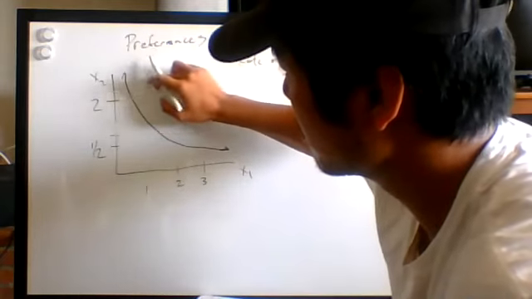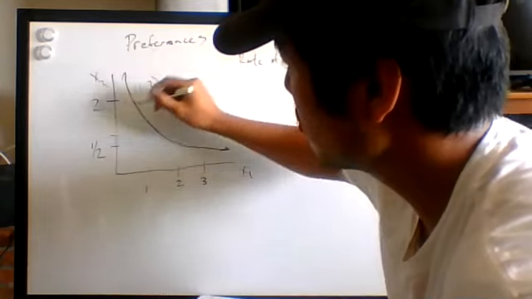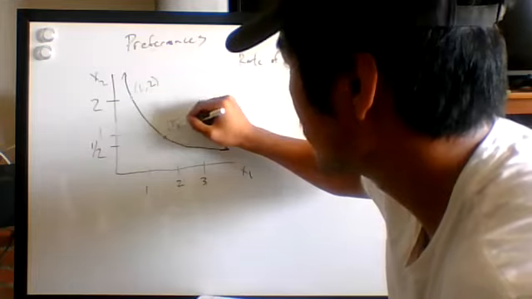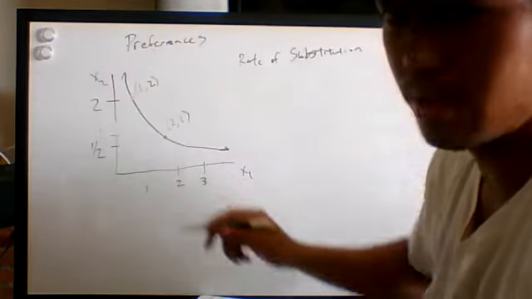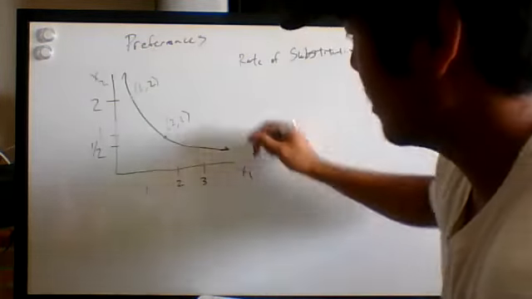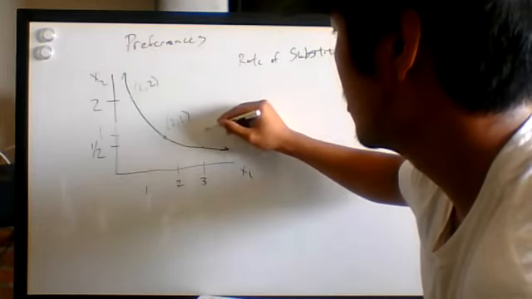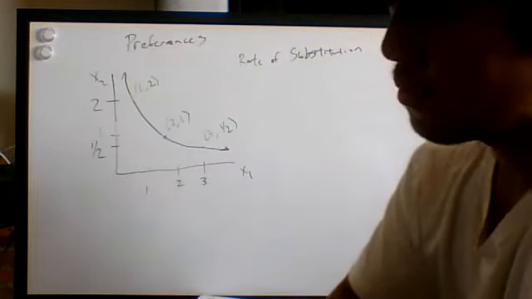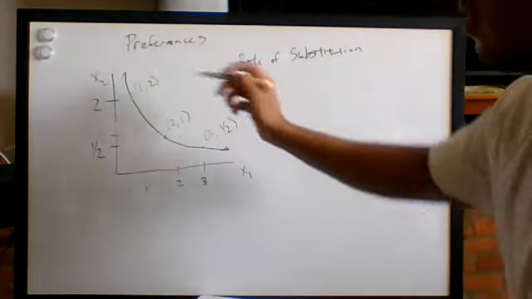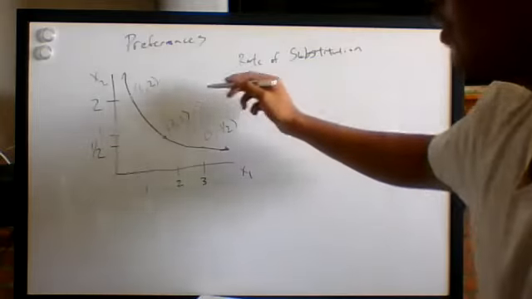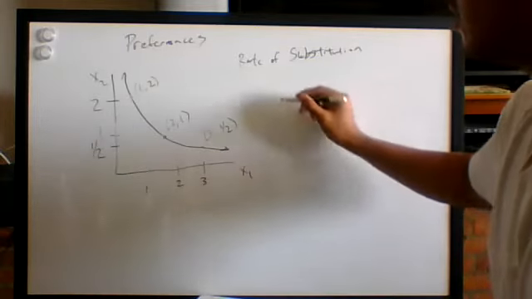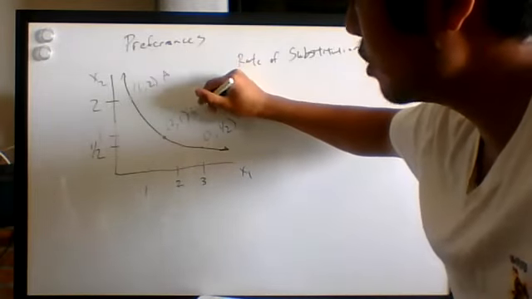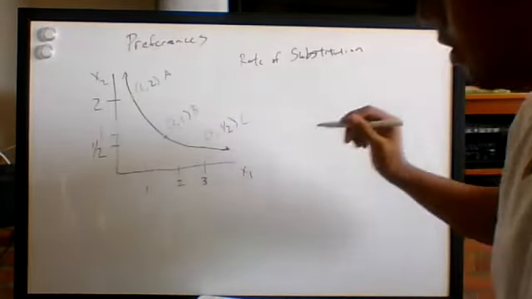Sorry, I apologize, my bad, guys. Pretend that this is 2, 1, even though it's not exactly drawn to scale. And then this is 3, 1/2, right? And so this rate of substitution, if you notice, is not constant, right? It's going to be changing as we move along this curve. So we're going to call this A, this B, and this C.